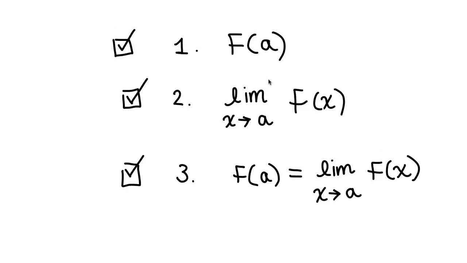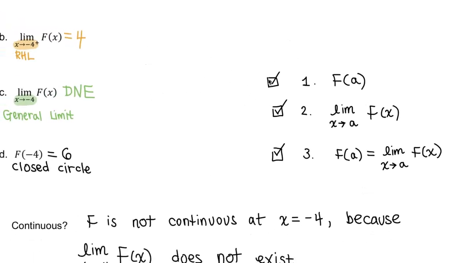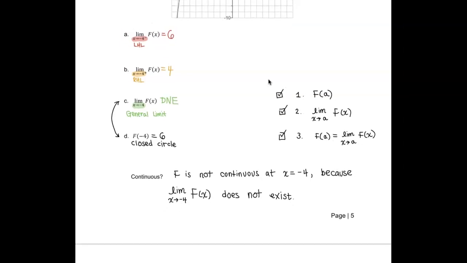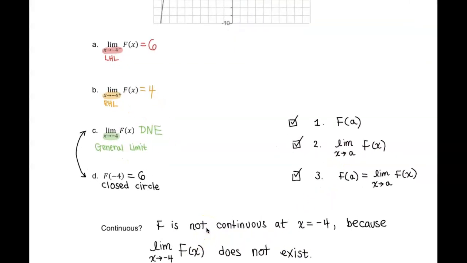But we'll talk more about that after 1.2 when we evaluate some limits. I just wanted to create examples that are leading us to that. You're always going to find the limit, the function value, and you'll make a comparison. If they are the same, you get to say, yes, it is continuous. But if it's not defined, or if the limit doesn't exist, we have to say it is not continuous at that given point, okay?